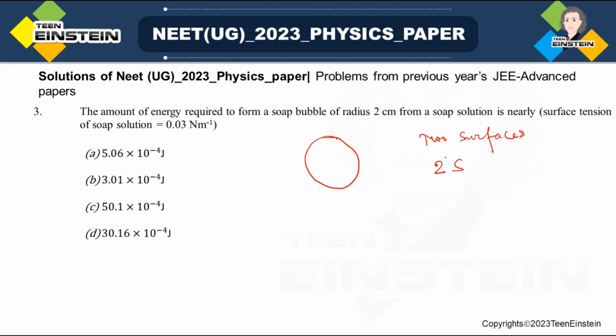See, first of all, atmospheric pressure is there and there is some pressure inside, so there will be some excess pressure, and obviously atmosphere is acting or doing certain work against this excess pressure. So due to that, some energy is required.